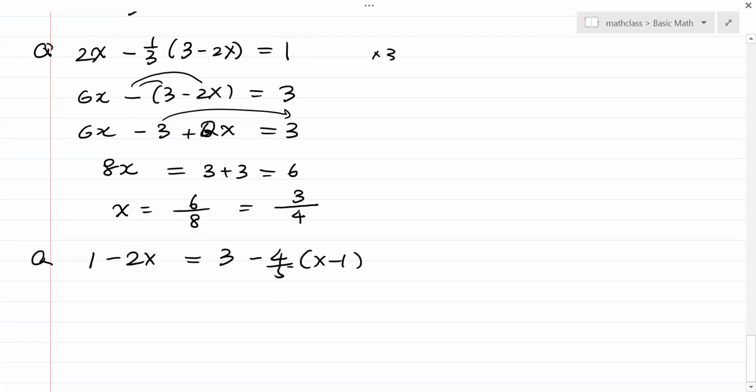All right, what do you got? -1/11? -1? When you get -1, you can quickly check: x minus 1 is going to be 0, right? Are you able to get both sides equal?